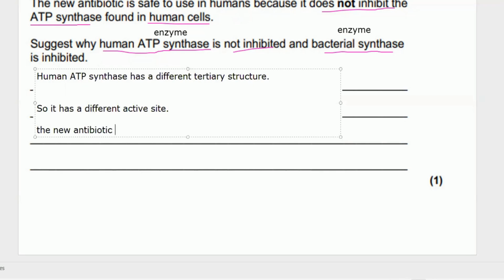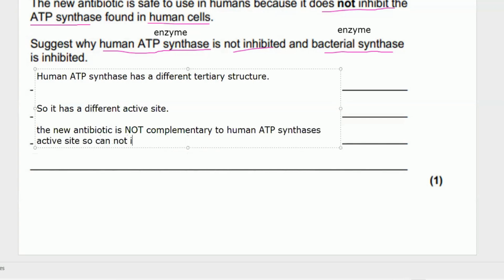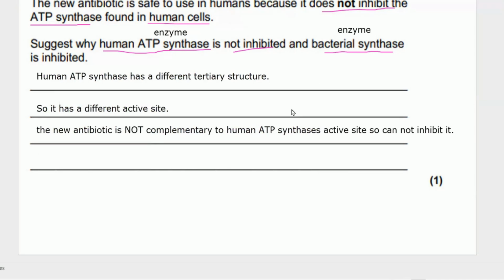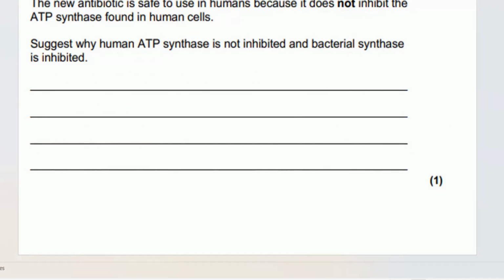If you just said they have different shaped active sites, they have different 3D structures, hence different shaped active sites, or human ATP synthase, the active site is not complementary to the inhibitor, these will get you the mark. Okay, so that was a bit of a weird question. Let's move on.